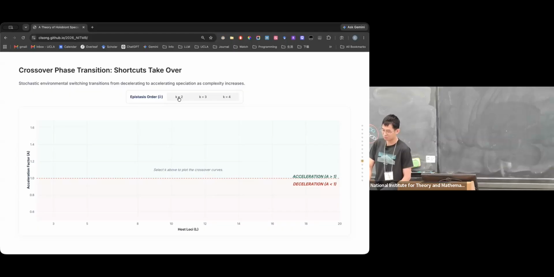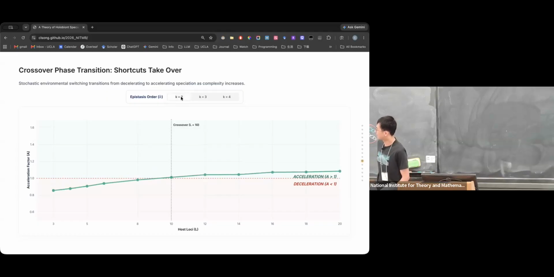Let's see what happens when we allow the epistatic incompatibility rules to be just between a pair of loci. And this is what happens. When we have more than 10 loci, it shifts from being a deceleration process to acceleration. So as the host genomic architecture becomes more and more complex, it starts to have these acceleration factors.